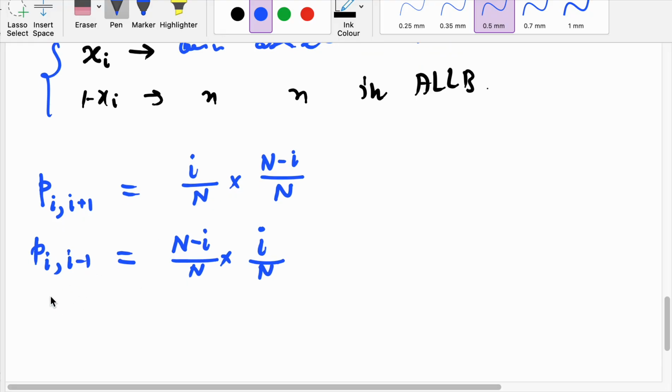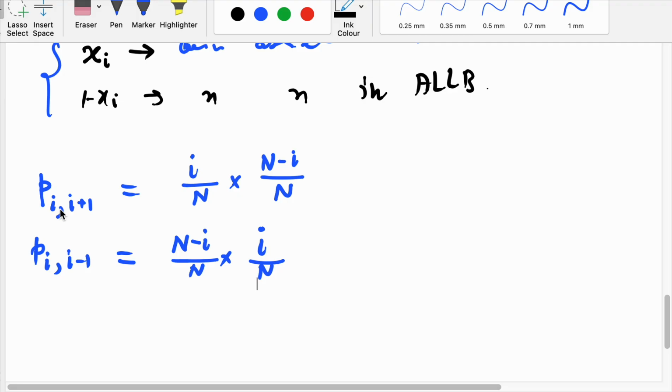But then this p i comma i plus 1 should have been i plus 1 by n, no? Why so? Because from the ith state to i plus 1, we have i individuals and simultaneously we take two individuals, one for dying and one for reproducing.